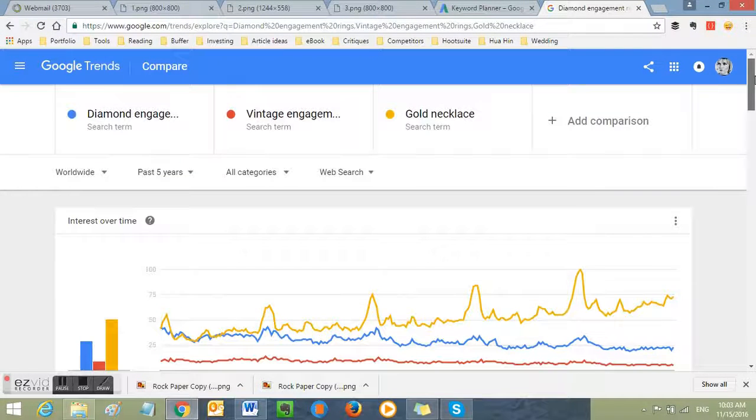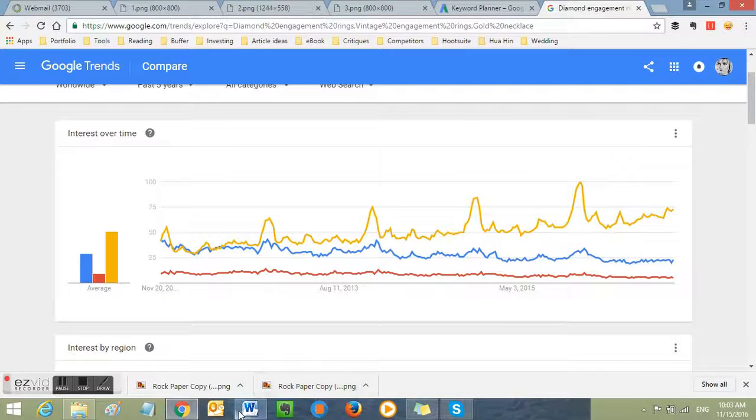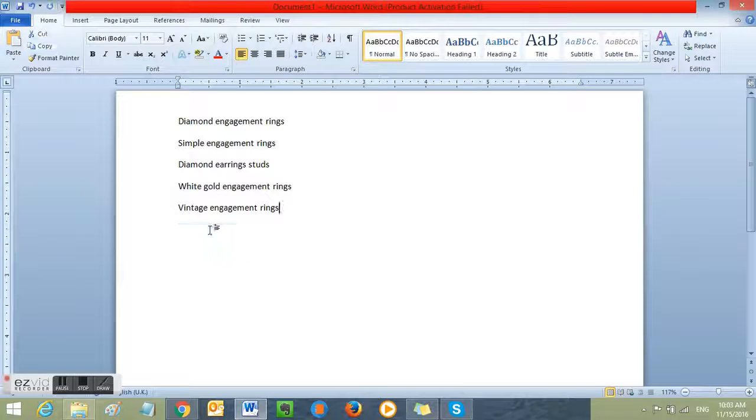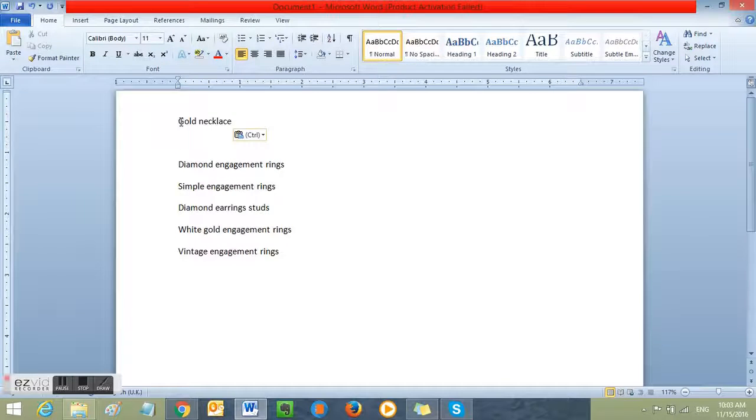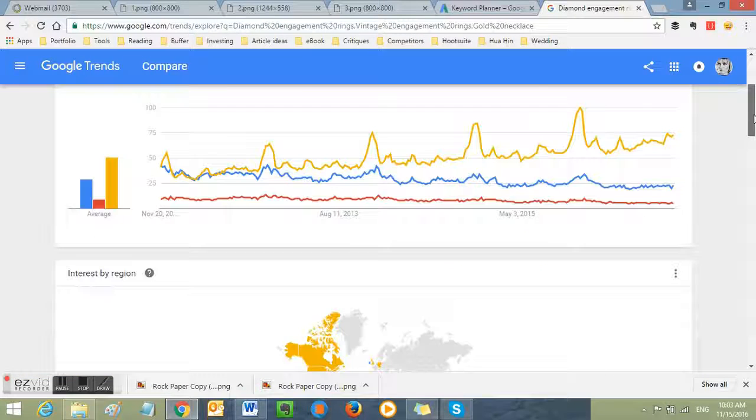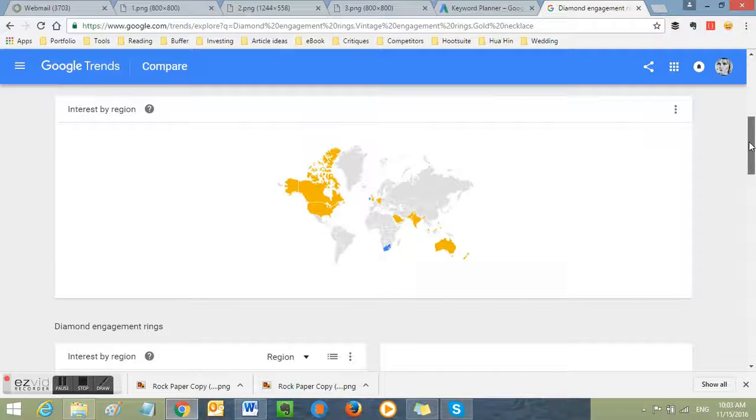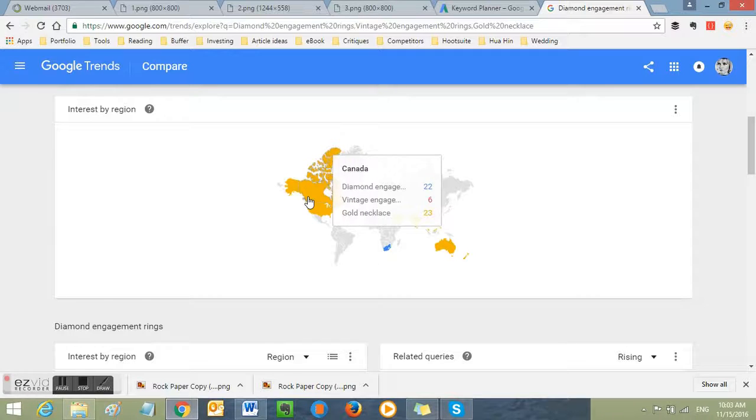Now if we scroll down on the page, we will see even more details. We will see interest by region, which regions the searches are performed in. So these are the numbers related to color. So diamond necklace. If we hover over the area, so United States, somewhere here is Canada.